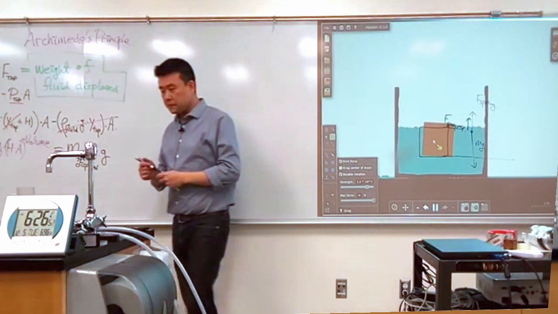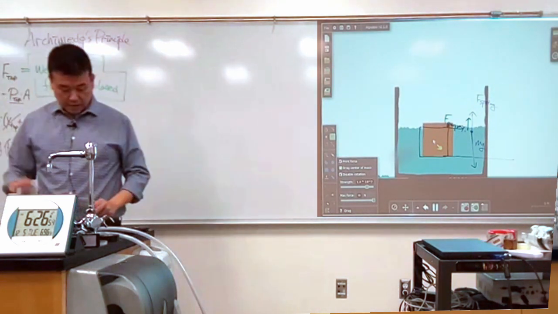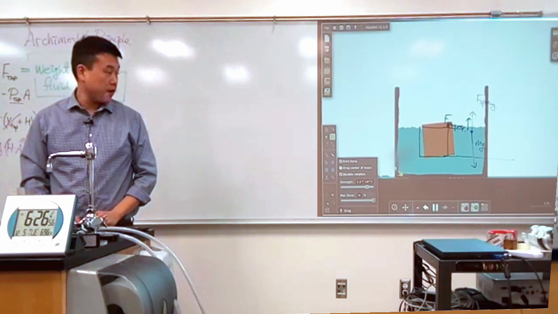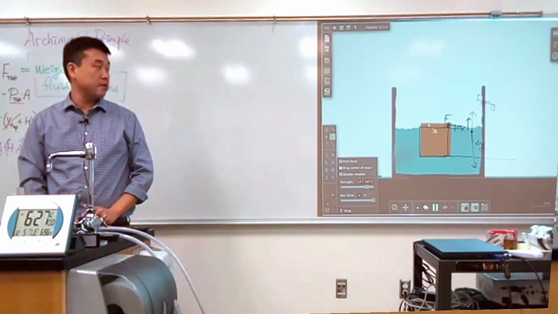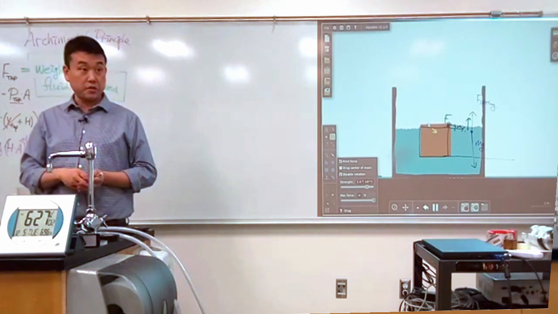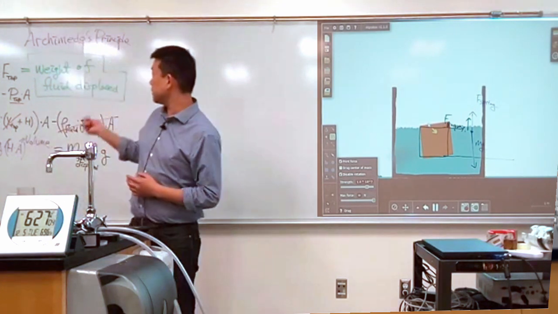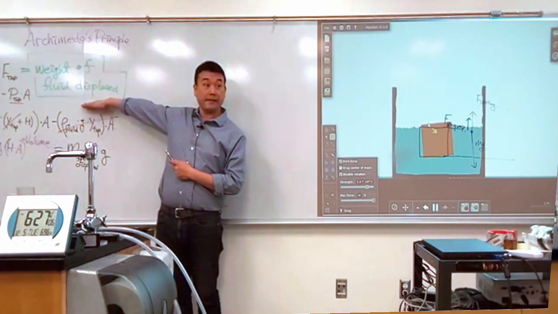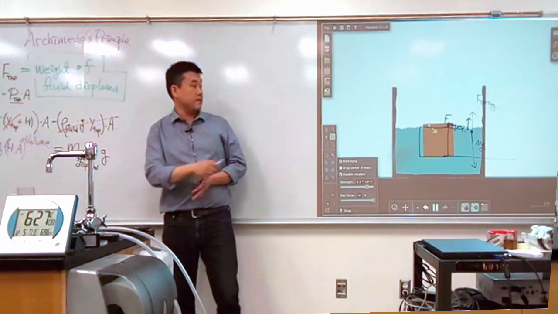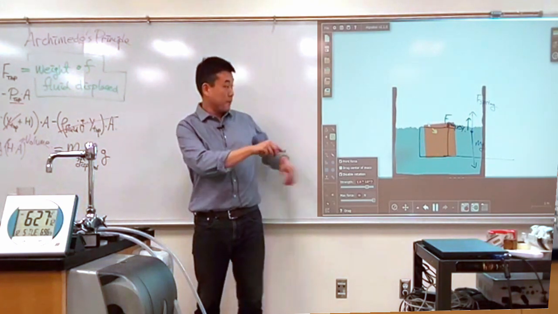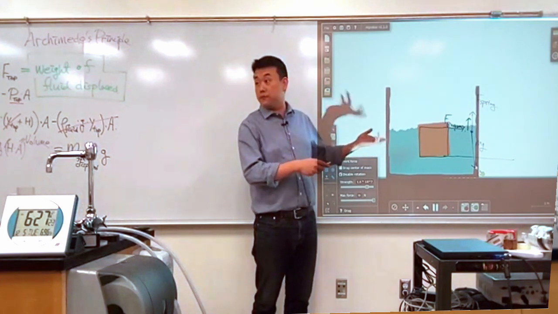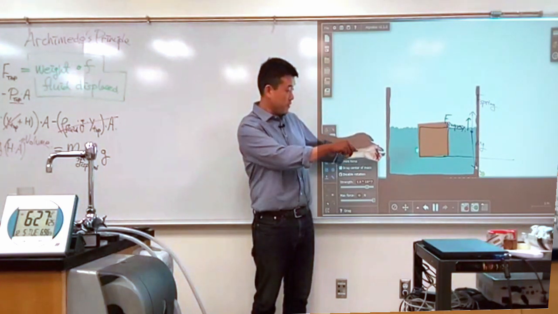So the special case you were looking at before, how do we handle it if the object is only partially submerged? This is actually entirely correct as it's stated. Because if an object is only partially submerged, then the amount of fluid being displaced is only this much.